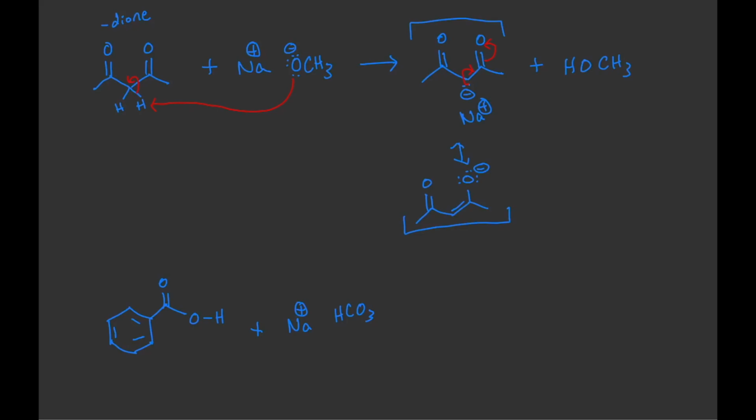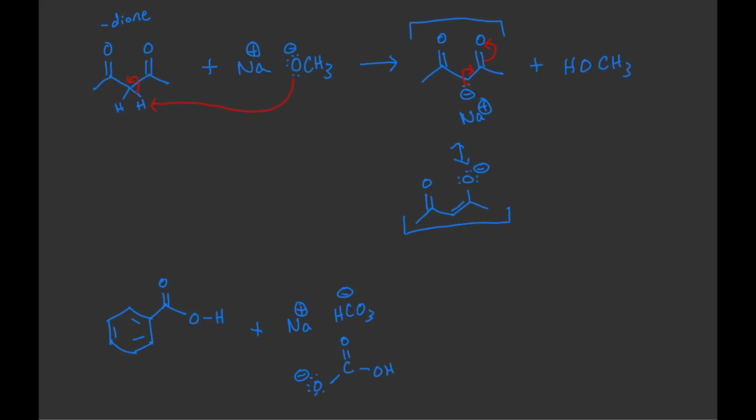In order to see the base in the way that we need it for our mechanism, we need to redraw the base. What this base looks like is we have three oxygens. One's double bonded to the carbon, one is an OH, and then one is negatively charged, balanced by that sodium counterion.